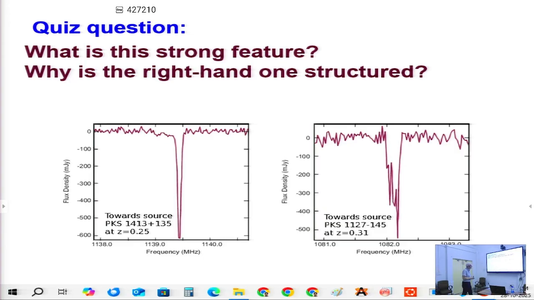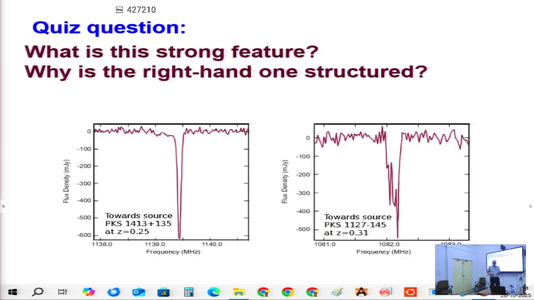I think actually this is caused by the fact that this is not one cloud, it's clouds with different velocities. So I think it's actually one line, but it's a line shape caused by the velocity of the object, not by the peak.